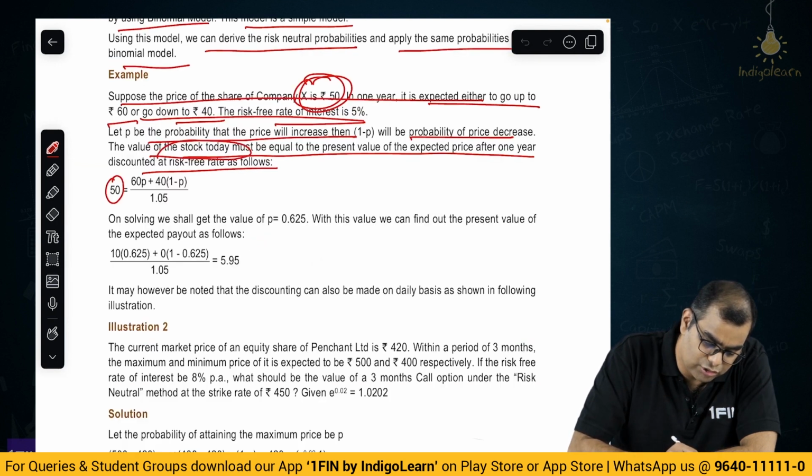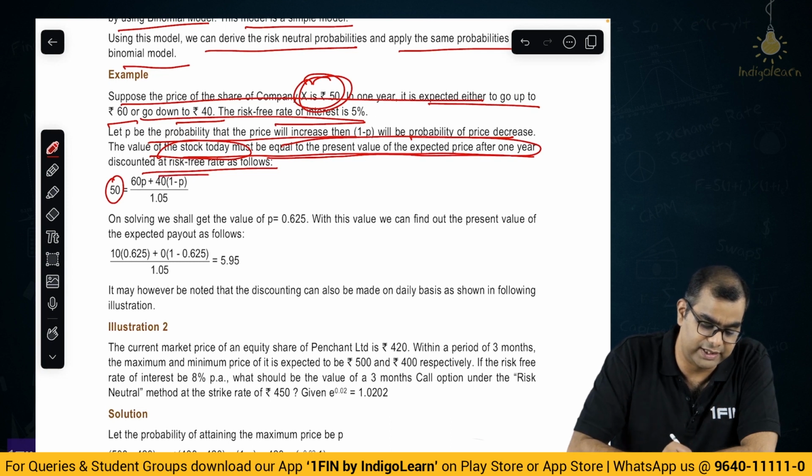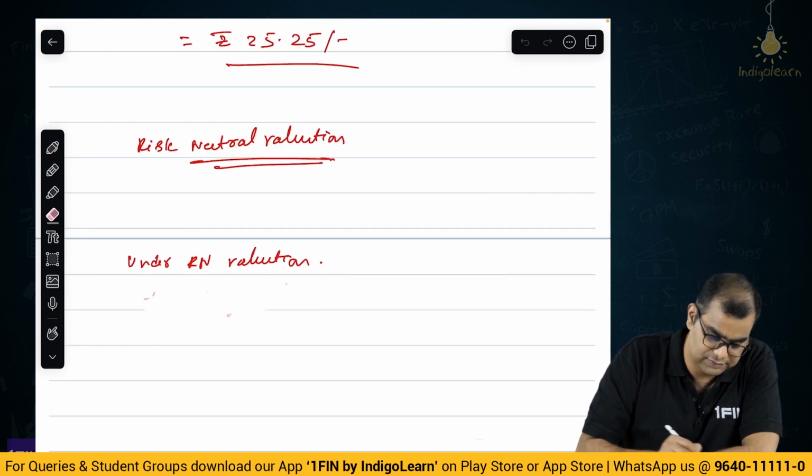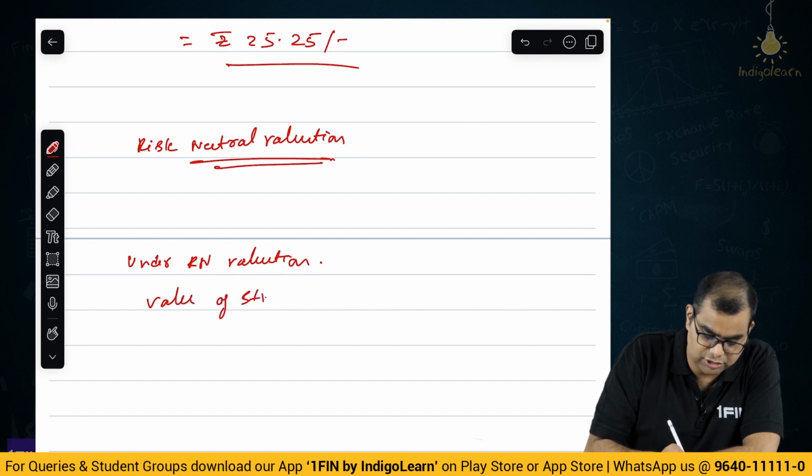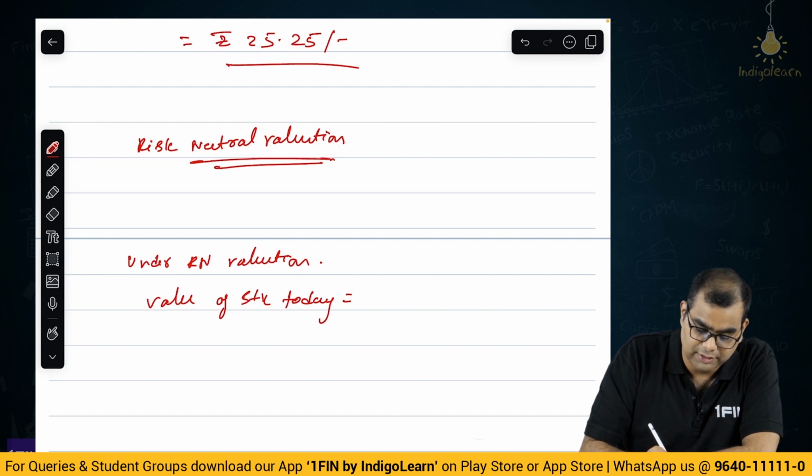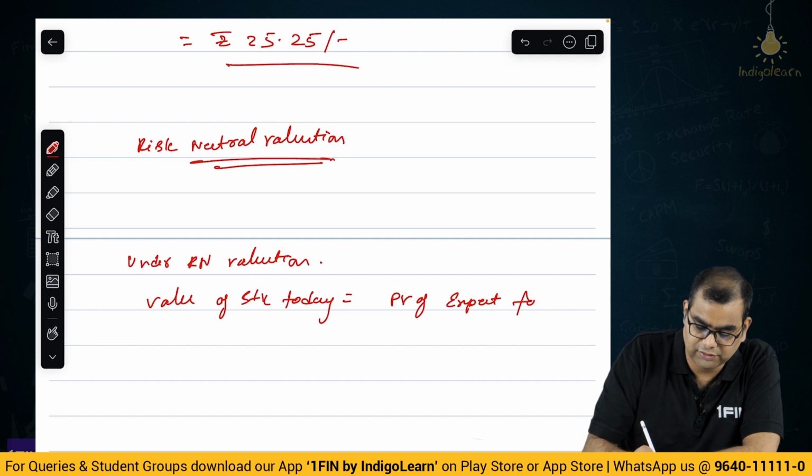The value of the stock today must equal the present value of the expected price after 1 year, discounted at the risk-free rate. Value of stock today is equal to present value of expected future stock price.